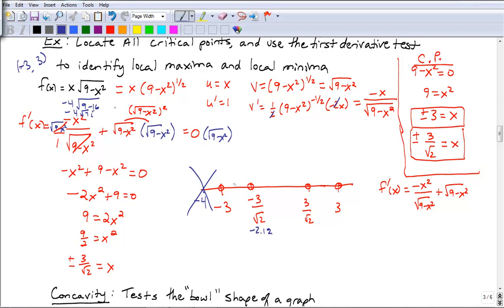So how about negative 2.5? I'm just going to plug it into the derivative. F prime of negative 2.5.